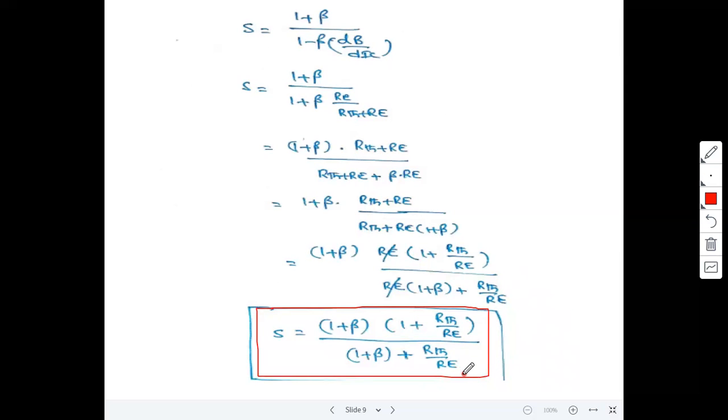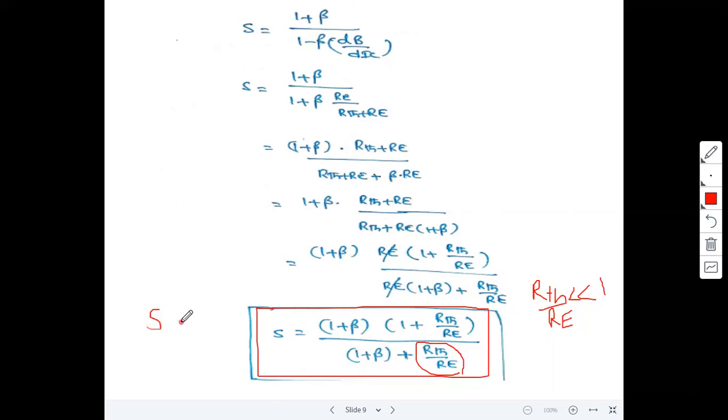Here we consider if this ratio R Thevenin by RE is very small, that means very much less than 1, then this term is neglected, this one also neglected, then 1 plus beta by 1 plus beta.